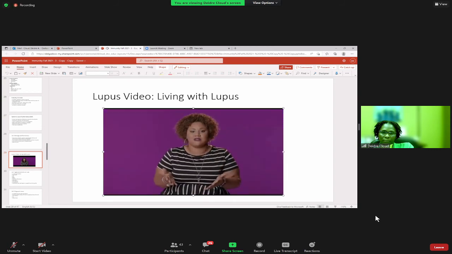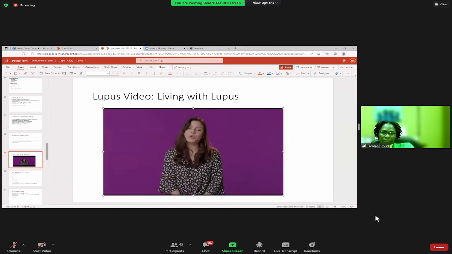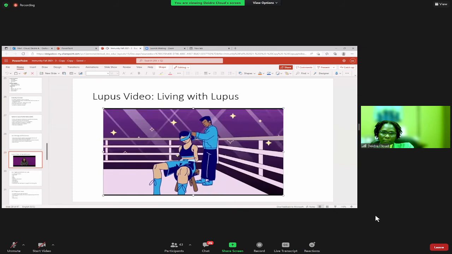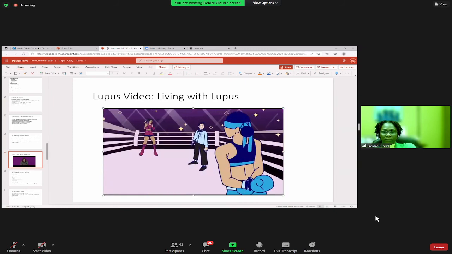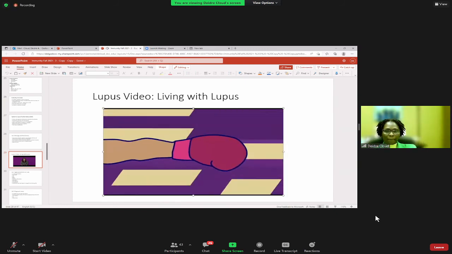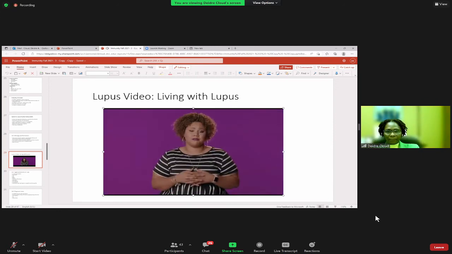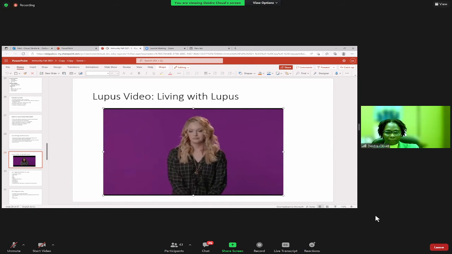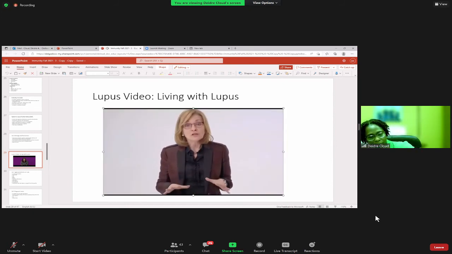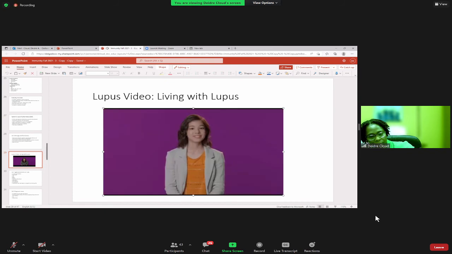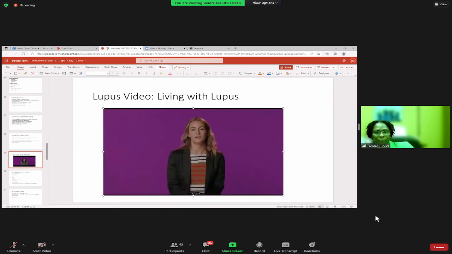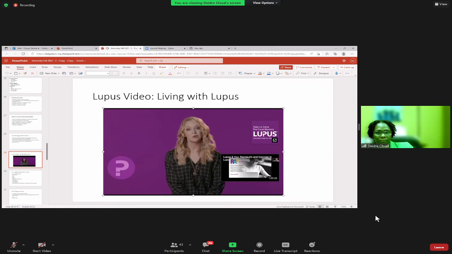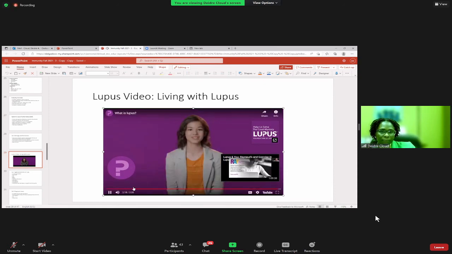You have to still do it. That's what living with lupus is like. It's hard to treat. Lupus feels like you are in a boxing match and you are blindfolded with your hands tied behind your back and you're supposed to fight. How can you fight? It's difficult to diagnose because every patient can look a little differently. There is no cure for lupus, but there are medications out there that can help treat the disease. Lupus is hard, but you're not alone. I get answers I need on lupus on lupus.org.